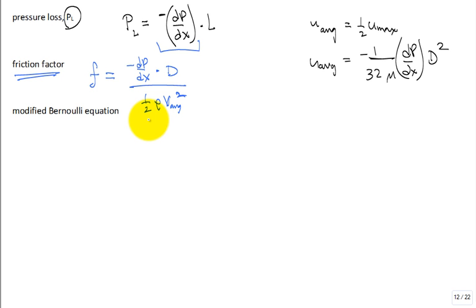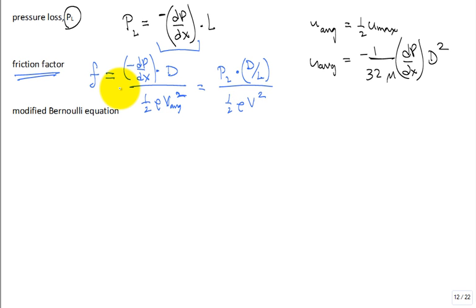What is 1/2 rho v squared? That's the dynamic pressure. Some people will put pressure loss times d over L divided by 1/2 rho v squared. It's the same.